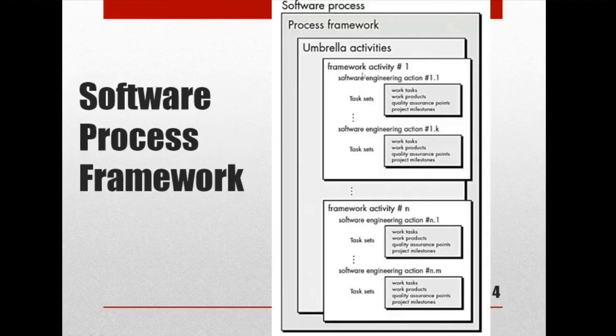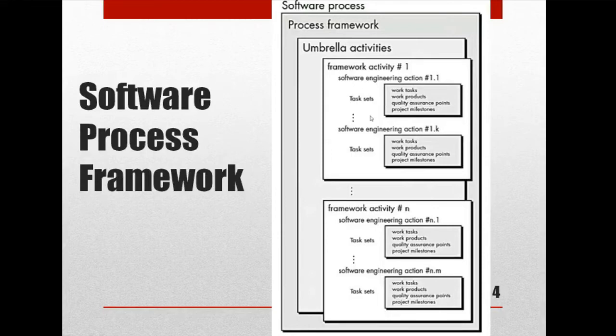For software engineering action 1 you have a task set, and for software engineering action 2 you have a task set. Each task set consists of a number of small tasks. Here for task set 1, we have the work task, work product, quality assurance point, and project milestone. All these things will come into the task set.